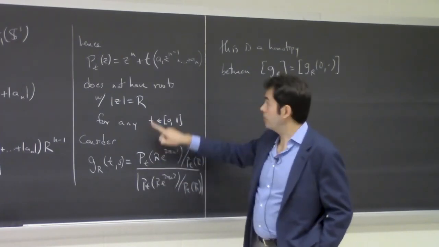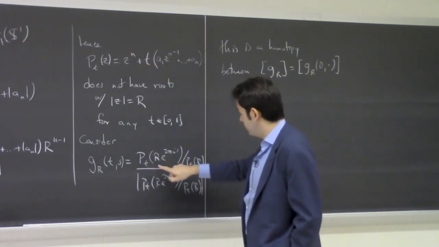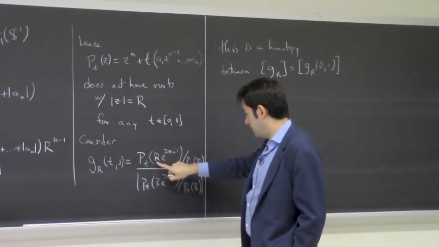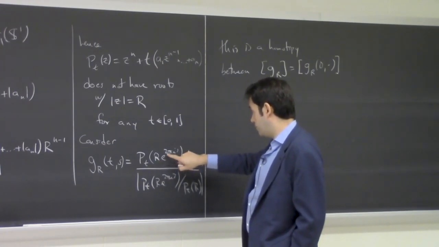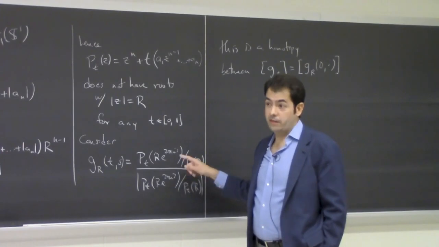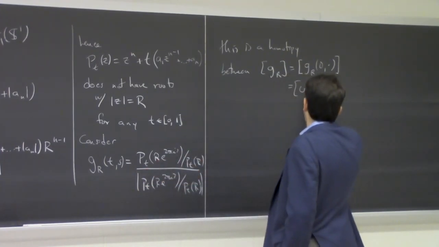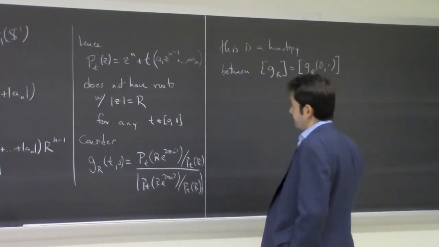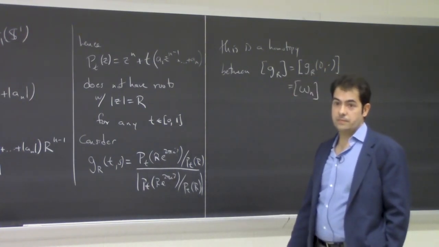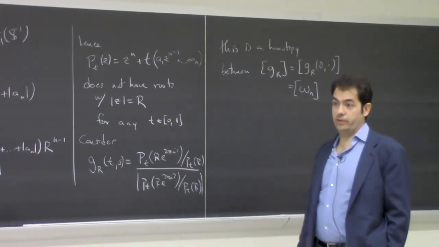When t is equal to 0, the polynomial is just c to the n, right? And if you're just doing c to the n, then this gives you e to the 2 pi i n s, right? And if you write that out, that's exactly the class of omega n. That's just the formula we had for omega n written in complex coordinates.